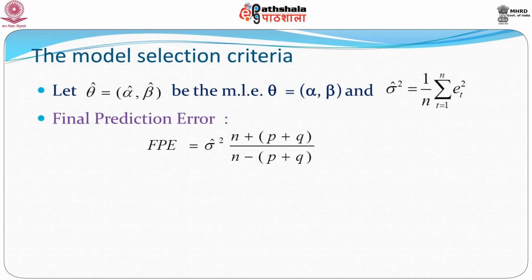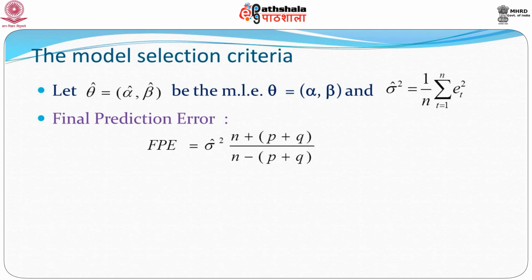Now, notice that if you have p plus q large, then sigma hat square is going to be small, because you have a large model and most of the model would be accounted for, and the errors would be small and the error variance would be small also. So, the first term would be small, but if you look at n plus p plus q by n minus p plus q, as p plus q increases, this increases.